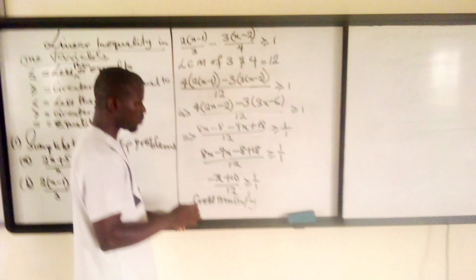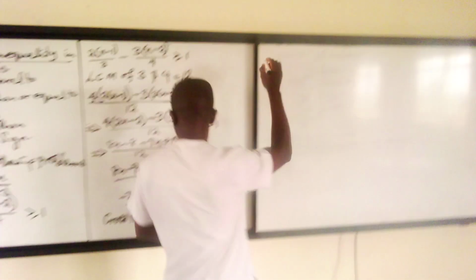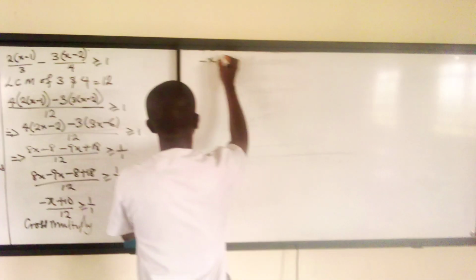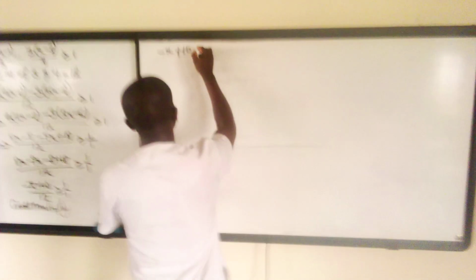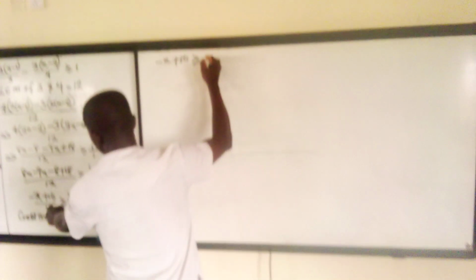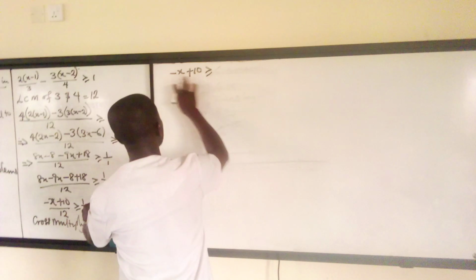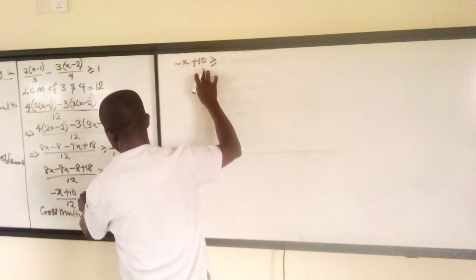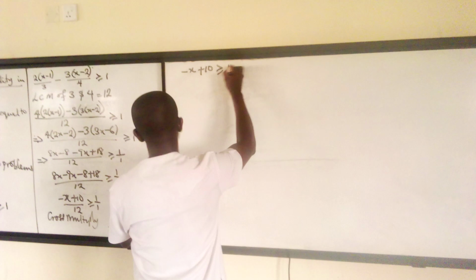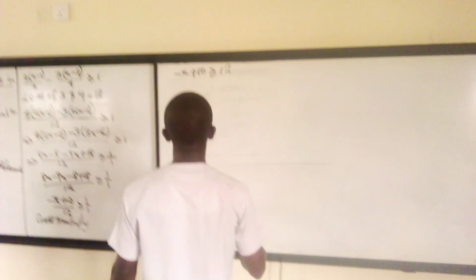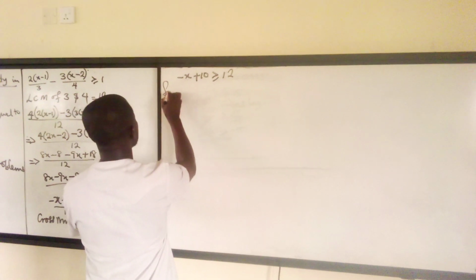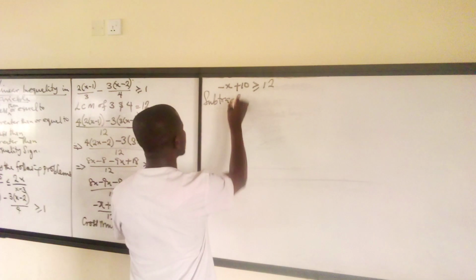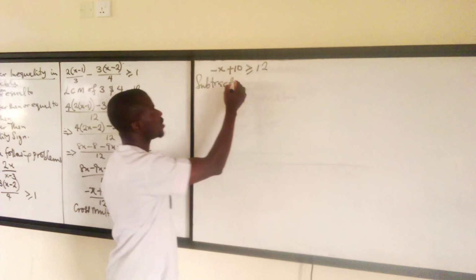When you cross multiply, we have this as what? We have it as minus x plus 10 is greater or equal to this times 1 gives me this, then 12 times this gives me what? 12. The next thing to do is to subtract this 10 from both sides.